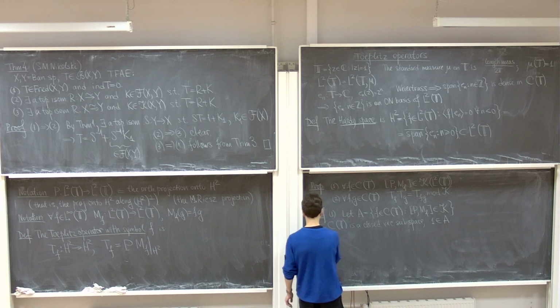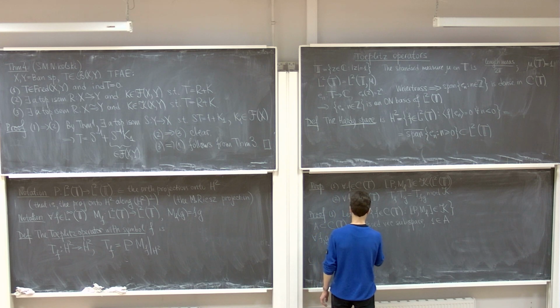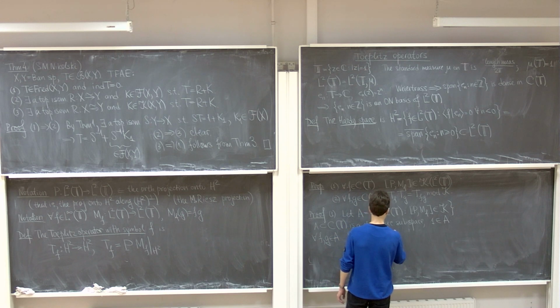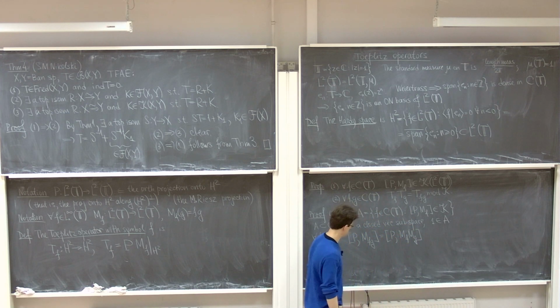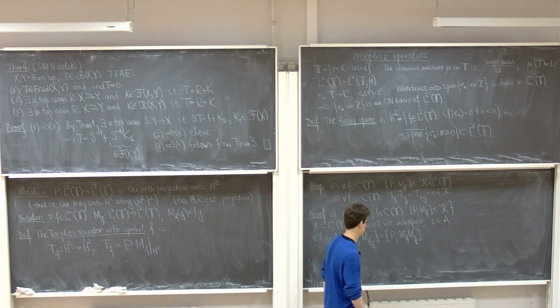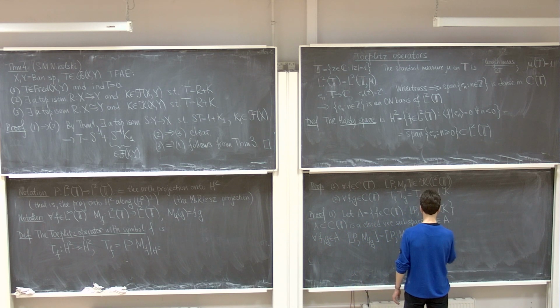Well, indeed, if f and g are in A, we can calculate the commutator of P and M_fg. M_fg is, of course, M_f M_g. And it's a well-known algebraic fact that the commutator with a fixed element in any associative algebra is a derivation of this algebra. So we use the following Leibniz identity.